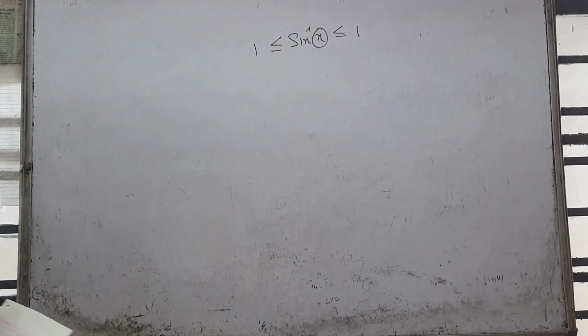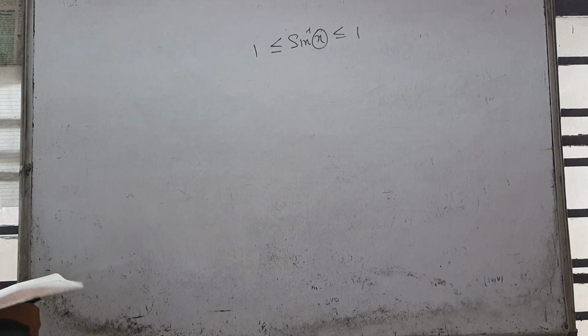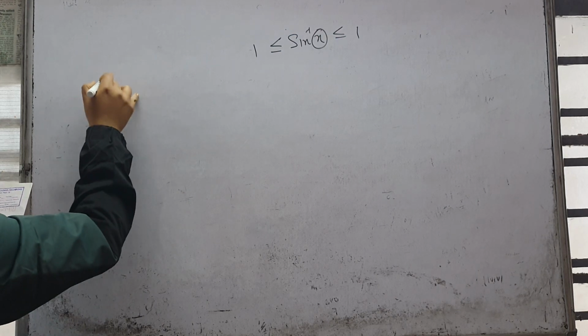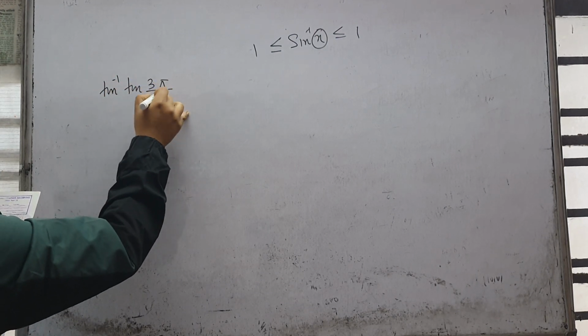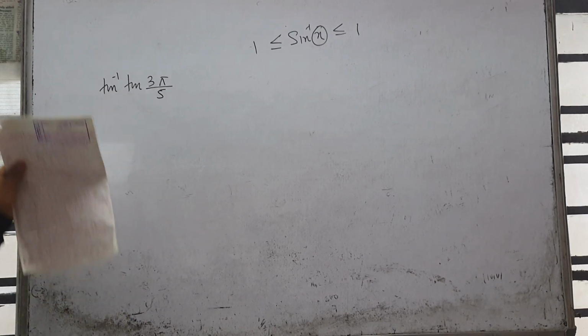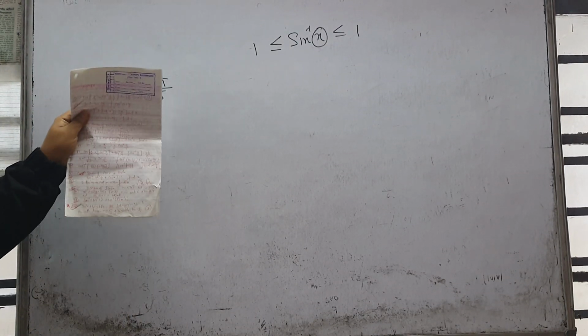Okay, what about this? Do you remember how to solve this type of question that we had discussed? This one please. Tan inverse of tan 3 pi by 5. Tan inverse and tan get cancelled, but this angle has to be in the range, isn't it?